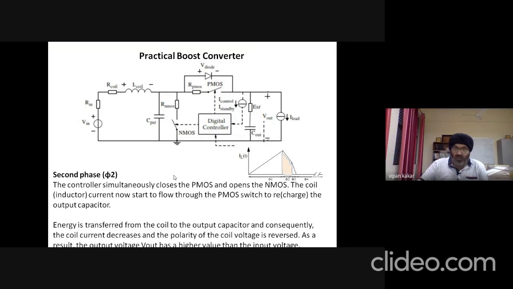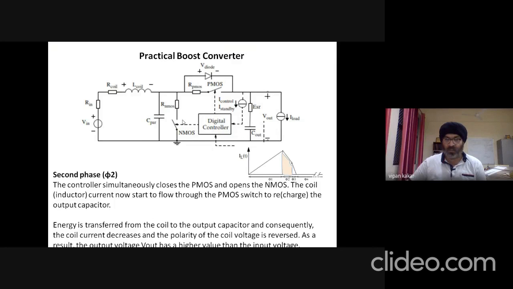Now, phase 2. In phase 2, this NMOS is now turned off or opened by the controller, and this PMOS is now turned on. Whatever energy is stored in this coil during phase 1 is now ready to flow through this PMOS switch, which is now turned on, through this circuit.